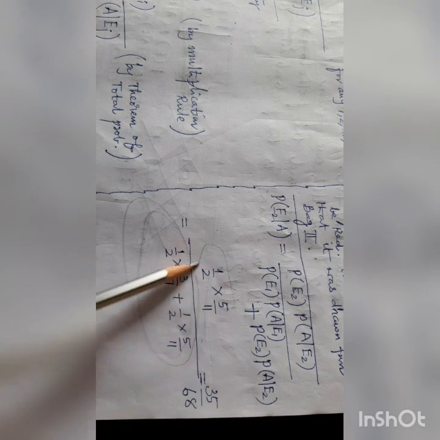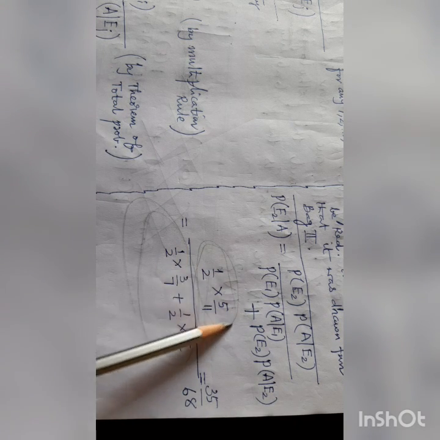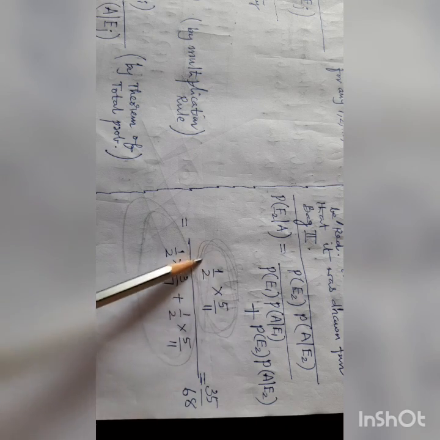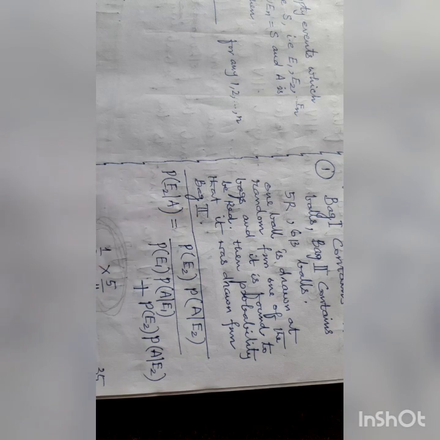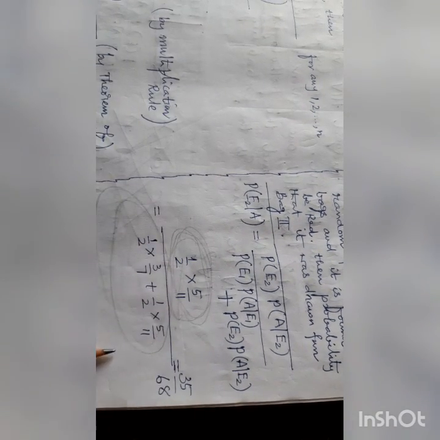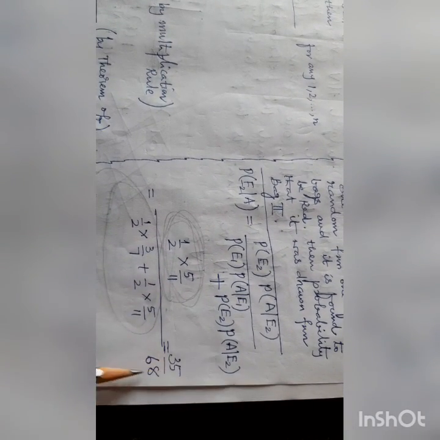The requirement is that the red ball must be coming from the second bag. That is given, found red. Then the probability that it was drawn from bag 2, if we calculate, is 35 by 68. This is a Bayes question.